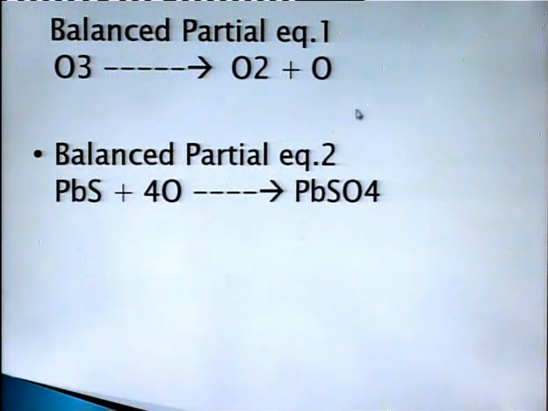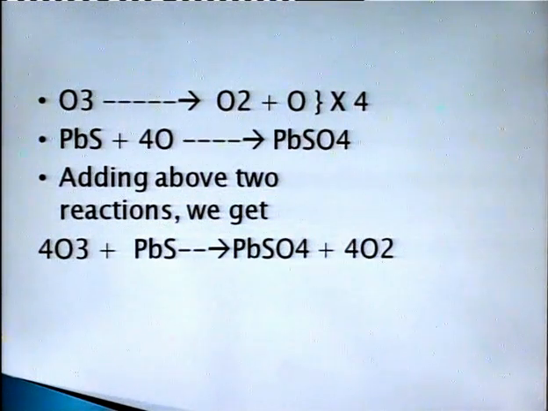So to cancel these two, multiply this equation by 4 so as to get 4 oxygen atoms. So in the next step, multiply balanced partial equation by 4 and let us add these two balanced equations.